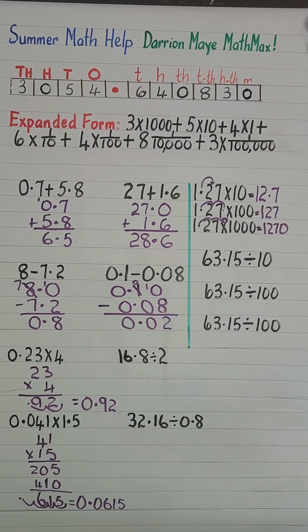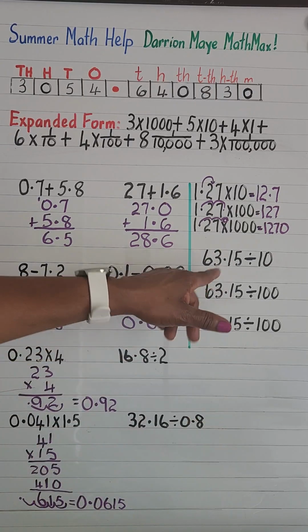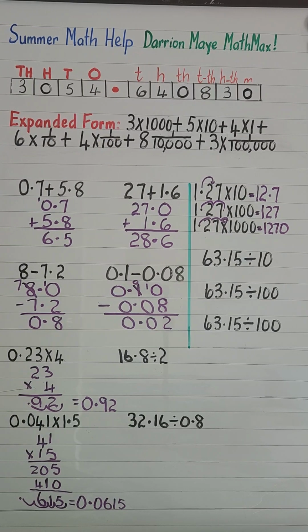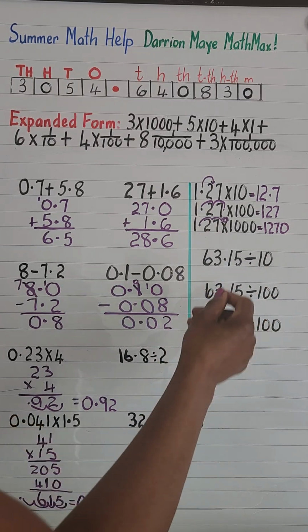And before we move on to dividing decimals by whole numbers and decimals by decimals, let's go through how we simply divide decimals by 10 and powers of 10. So we have 63.15 divided by 10, which is 10 to the first power.